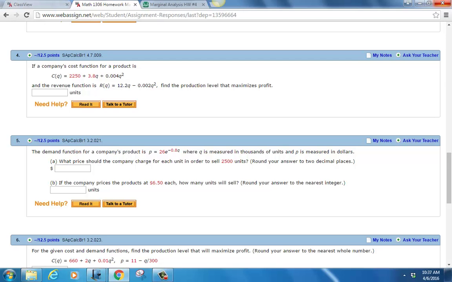All right, so this is just a straightforward cost function, right? You're given a cost, and there's the cost, given the revenue formula. So you're given the revenue formula also, and then it just says find the production level. They don't tell you what this product is that's being produced here.